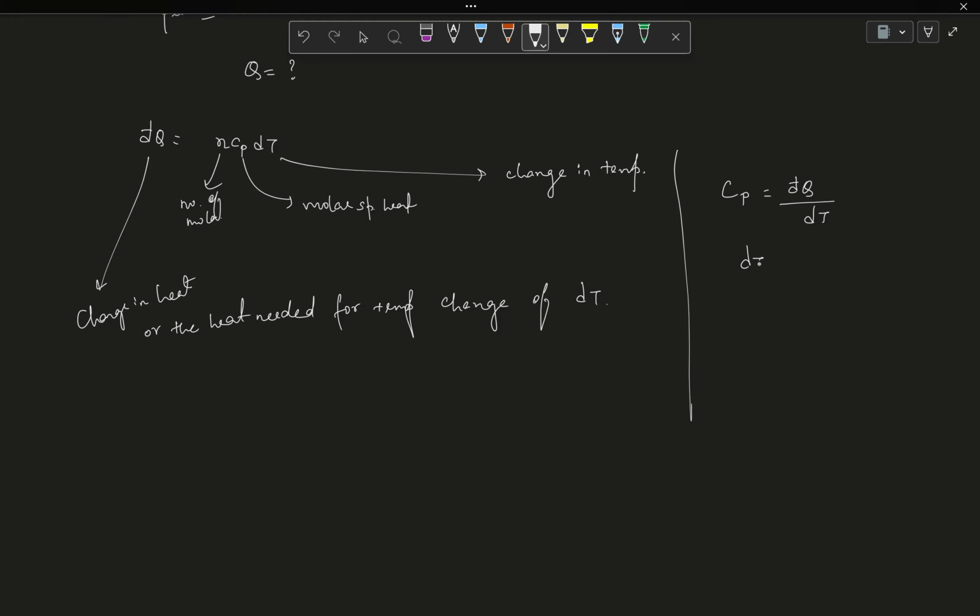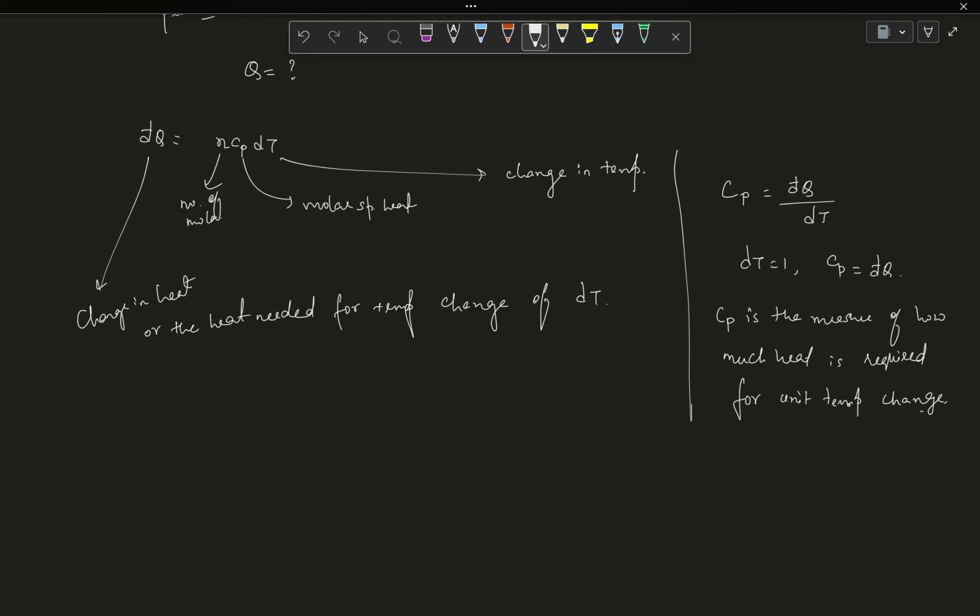That means if your dT is equal to 1, or your temperature change is unity, then Cp will be like dq. Cp is the measure of how much heat is required for unit temperature change.